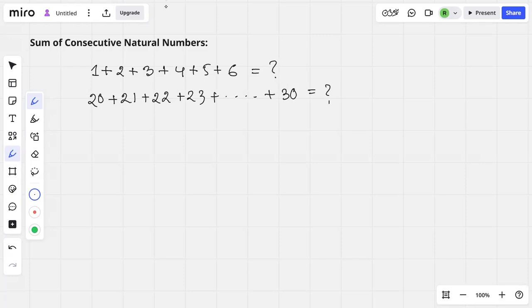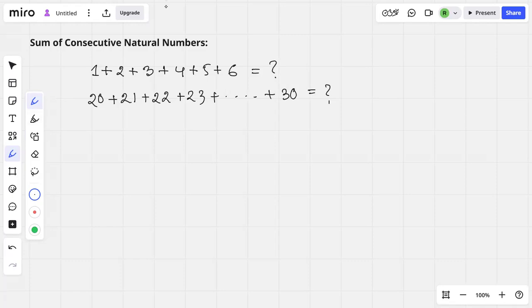So how can we build a formula from it that we can apply to any case where it is applicable? We will look into this. To build a formula, we can assume a very general case where we want to add all the consecutive numbers from 1 to 10.